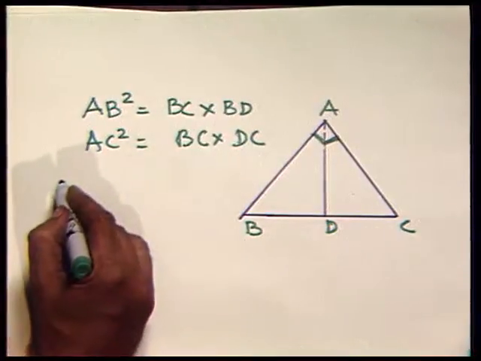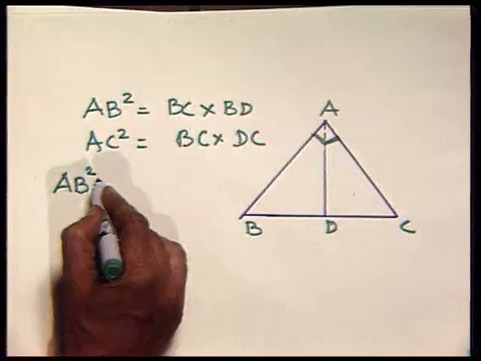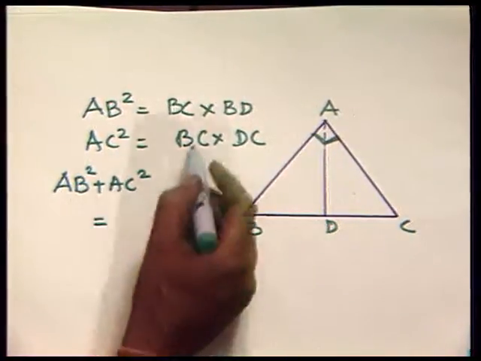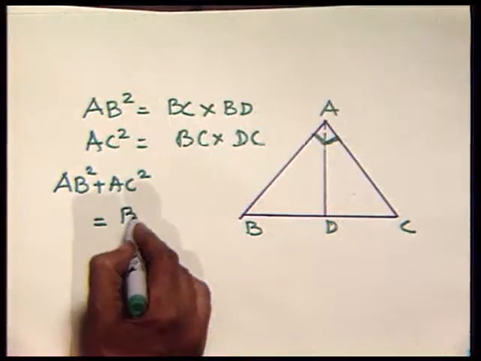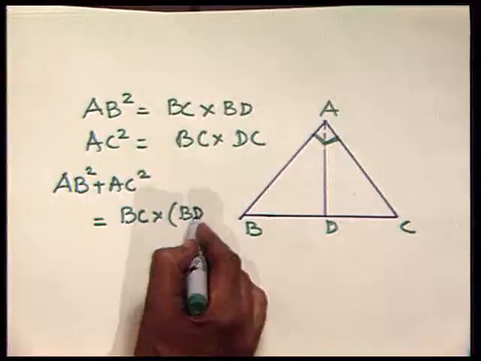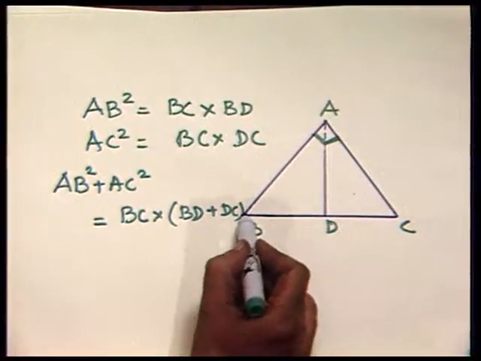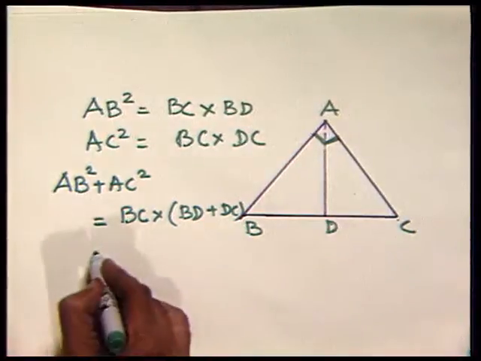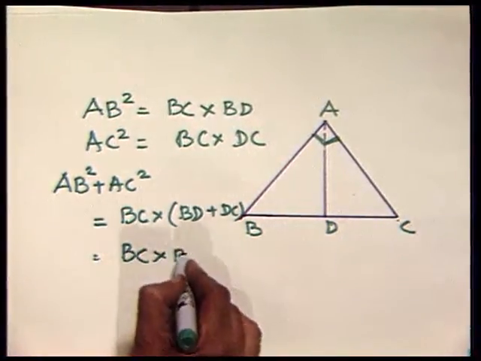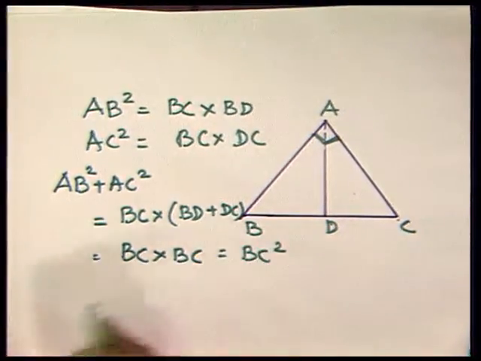Now, adding these two equations, we get AB square plus AC square, and if from these we take BC common, this is BC into BD plus DC. But BD plus DC is nothing else but BC. So, this is BC into BC, which is BC square.